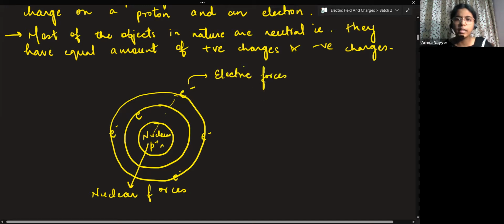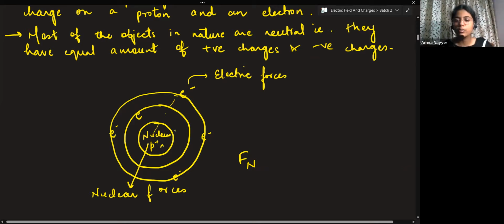So electrostatic forces we'll study in this chapter only, and nuclear forces we'll see when we reach the nuclei chapter. Just remember that the nuclear force means the internuclear force present within the nucleus, which binds all the protons together.